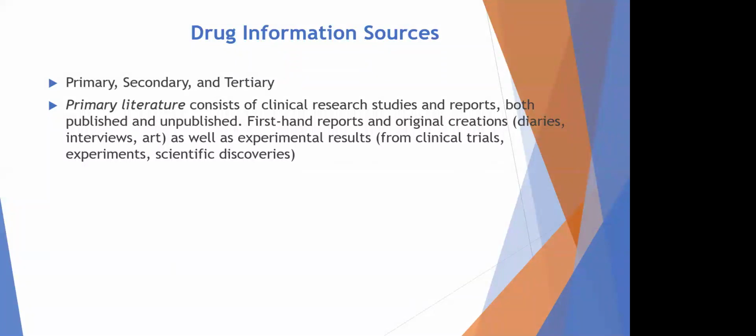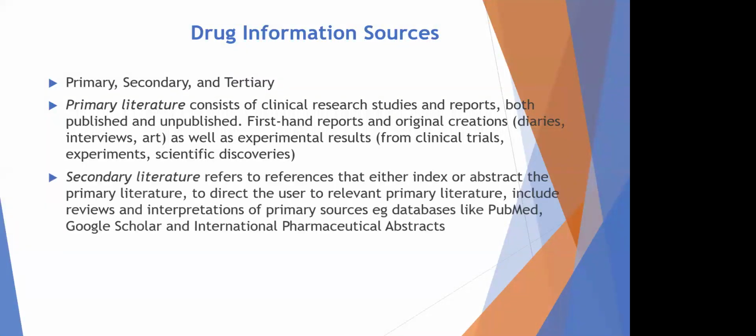This secondary literature actually refers us to the primary literature, but it has been compressed such that we just get maybe the abstracts or summary. But if we are now interested in getting the primary literature, we can look for the actual reference to that abstract. Then the tertiary source is more compressed than the secondary source.